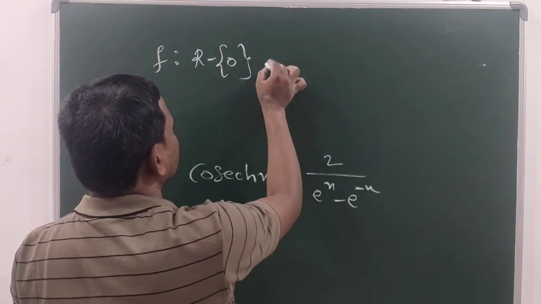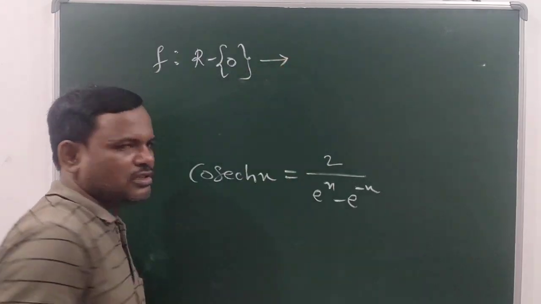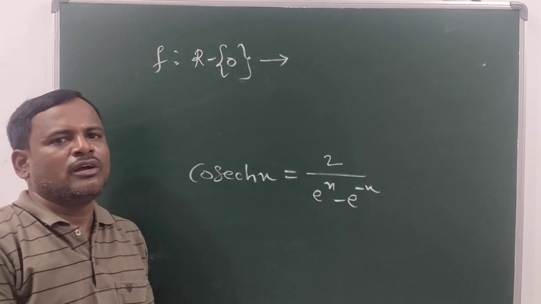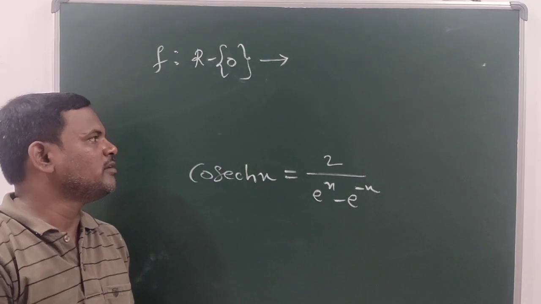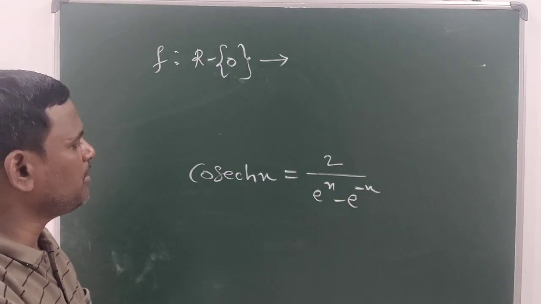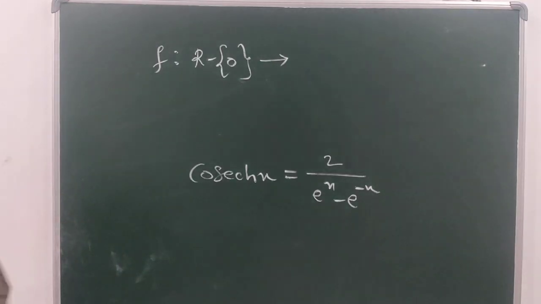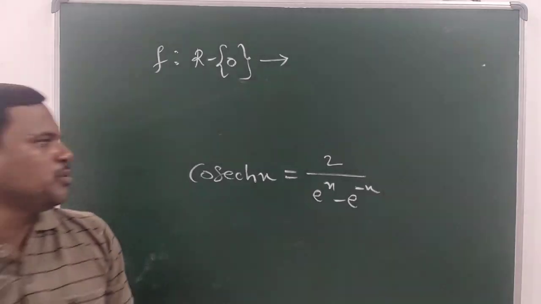And whereas range, speak about whose range, what do you get? If you assign any real number, positive real number and negative real number, what do you get, tell me? Tell me, students, what do you get?